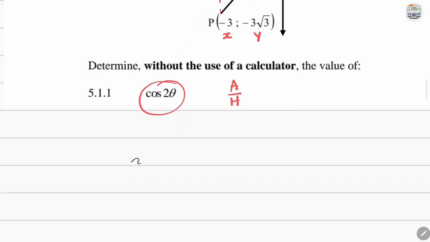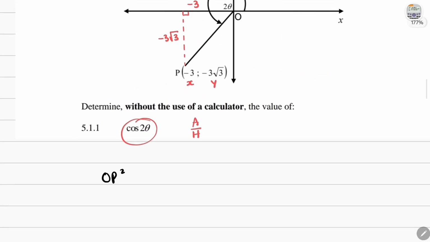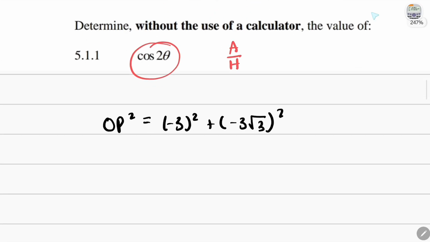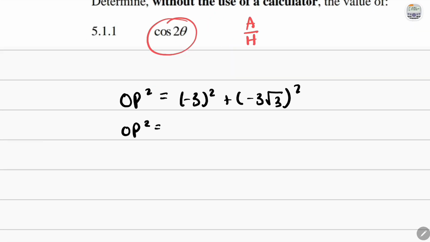So we can find that using Pythagoras. So OP squared, being the hypotenuse, the longest side, is equal to the shortest side squared plus the other shortest side, negative 3 root 3, all squared. And let's see what we get here. So OP squared is equal to 9 plus, now when we square this, the negative 3 gets squared and becomes a 9, and then it's positive, of course.